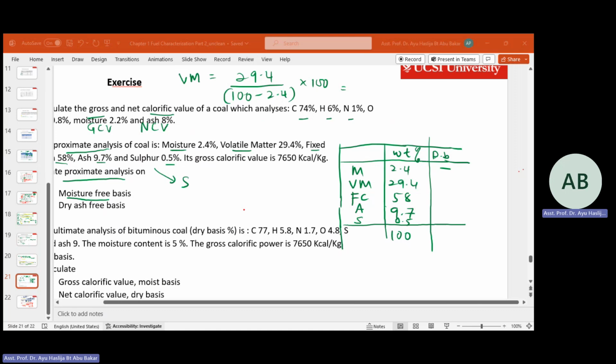Let's say we take from here: VM 29.4 over 100 minus moisture plus the ash. Ash is 9.7. Then multiply by 100%.